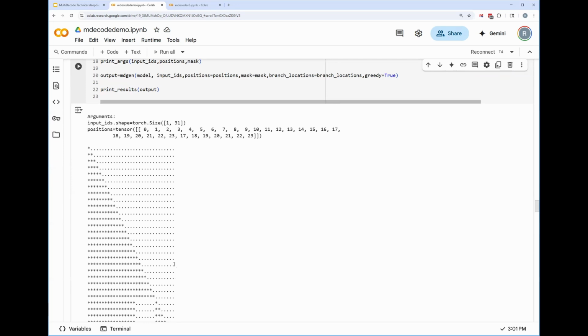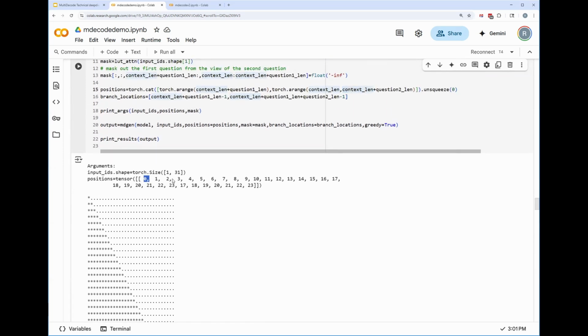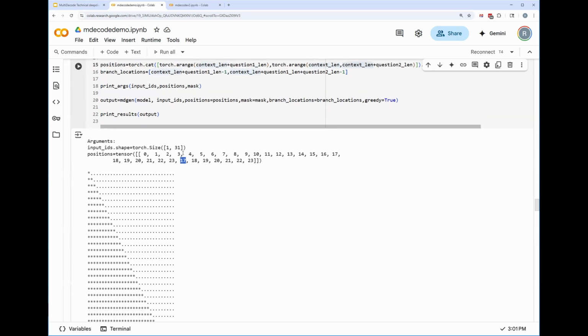Okay, so here we've got the position vector showing it's a long context. This is prompt 1, and then this is prompt 2 that came out of it. You can see, as Ted had mentioned earlier, 17 occurs twice in this sequence, once for each of the prompts, because the prompts both are supposed to follow the context.